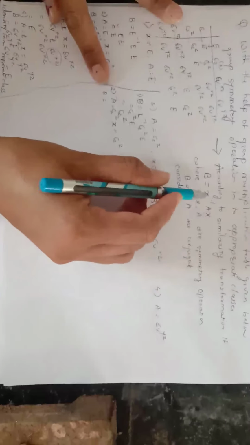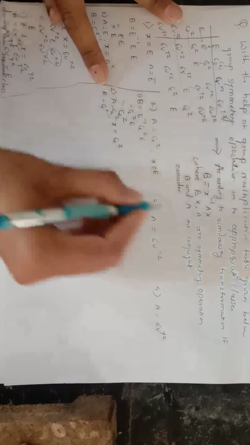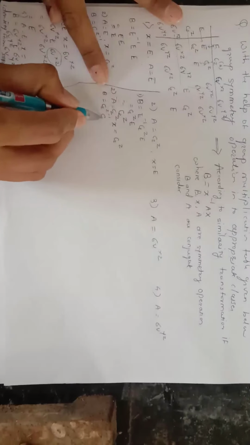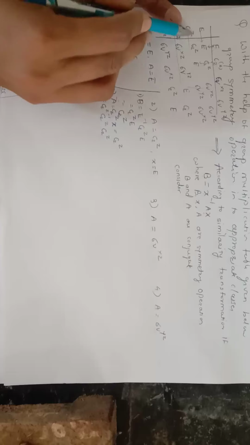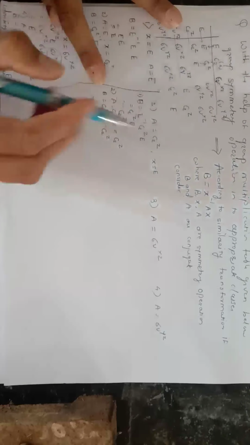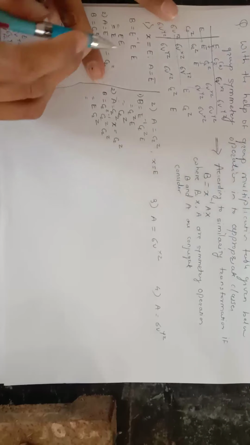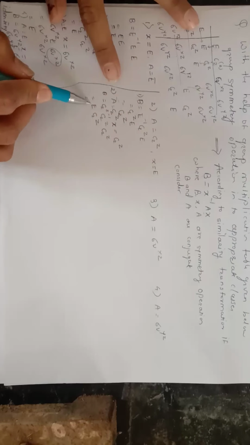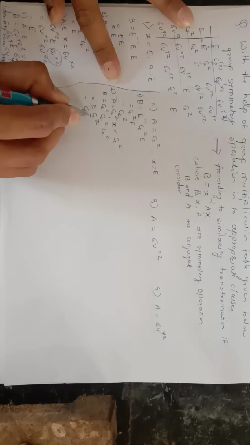The formula is X inverse, that means C2Z inverse into A, that means C2Z, and X means again C2Z. C2Z into C2Z, we get the value E and the remaining C2Z as it is. Again multiply E into C2Z, we get C2Z.